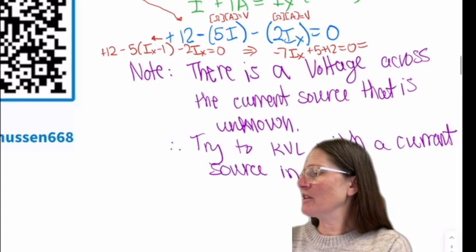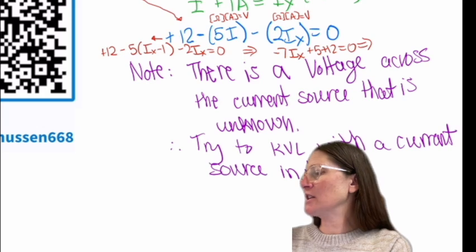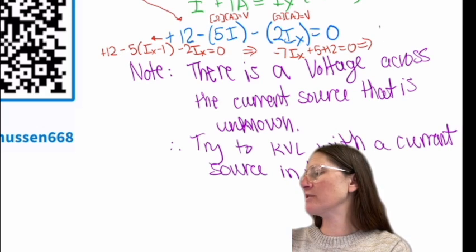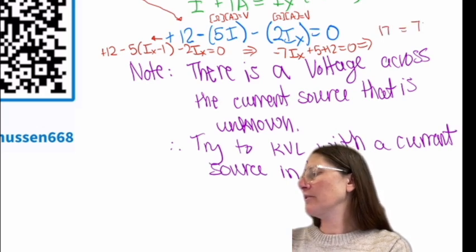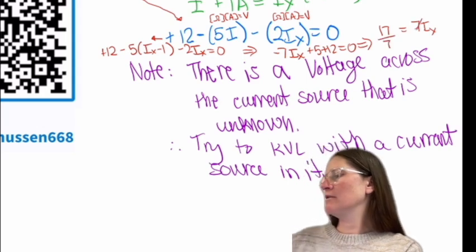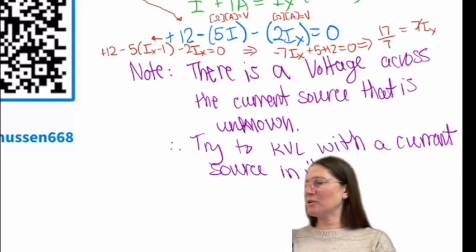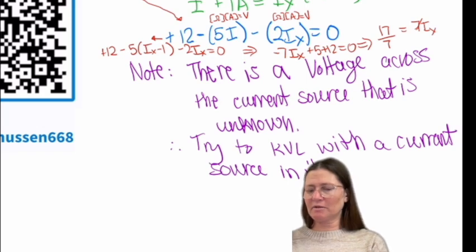So 17, and then take the minus 7Ix to the other side, it becomes a positive 7Ix, and then divide by 7. And that is the value of, what was it, 3.4.